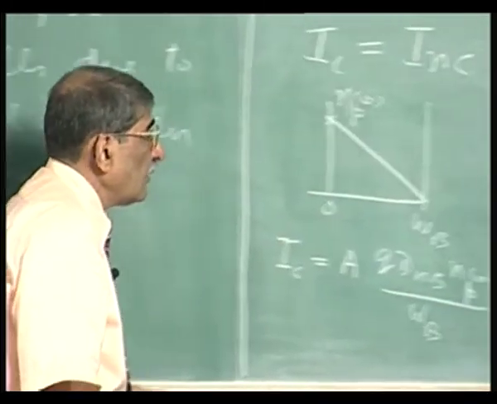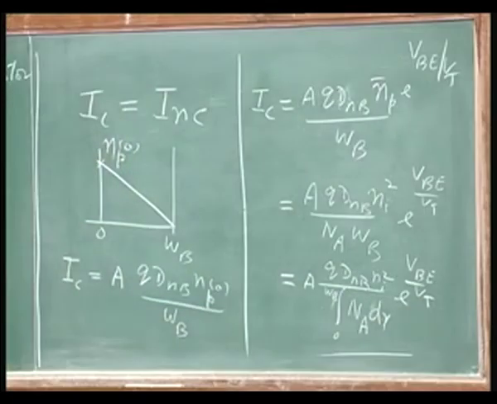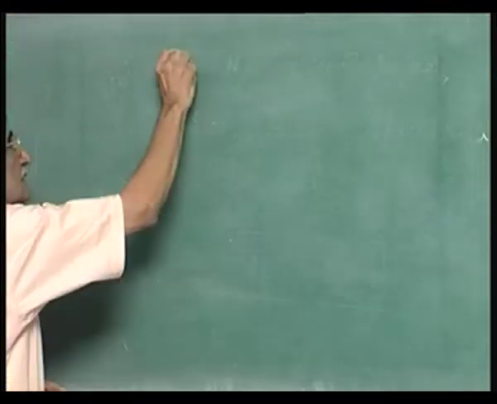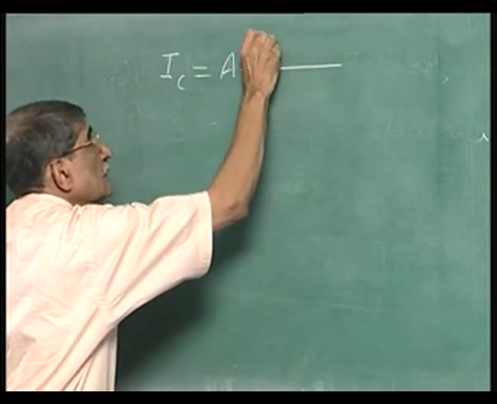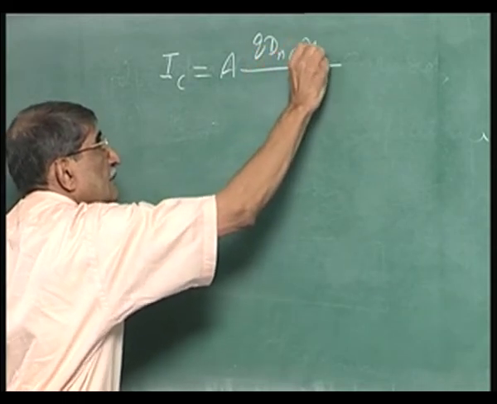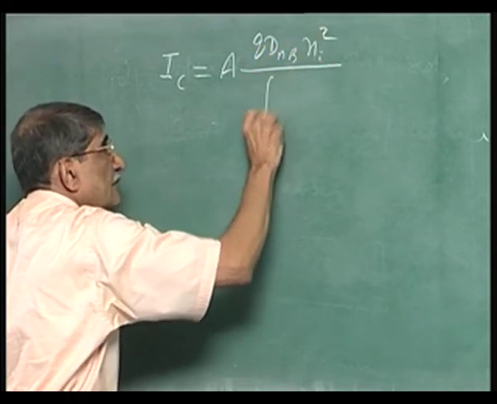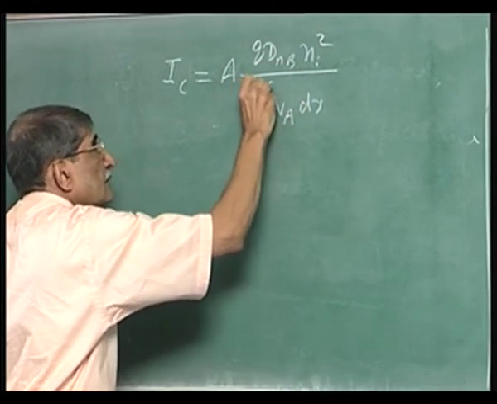Now, that is IC. What is IB? So, let me just write down now, let me take up this whole portion, come back to this. Okay. So, IC is, I am rewriting, area Q DNB Ni square divided by integral NA D of x from 0 to WB.